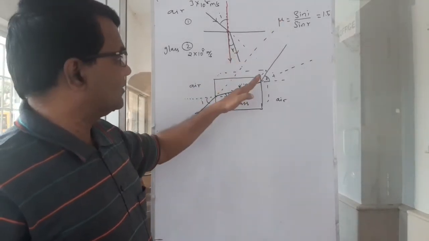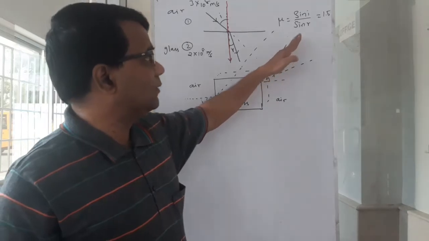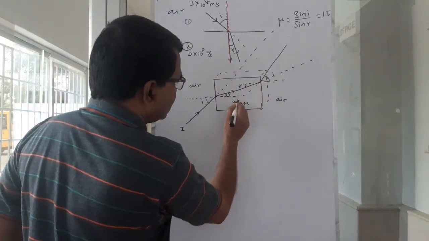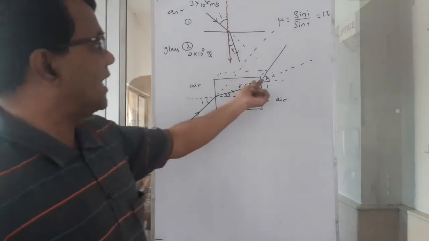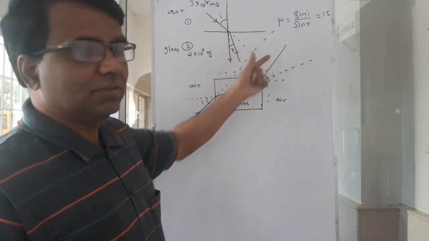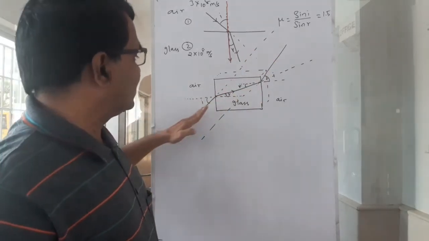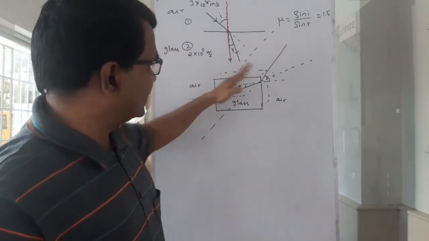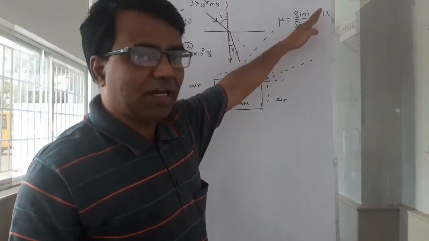The medium is here. Now it is traveling in a parallel ray, right? I could have drawn it like this. It will be parallel to this. Instead of traveling in this line, it is kind of getting shifted and then travels parallel to it.